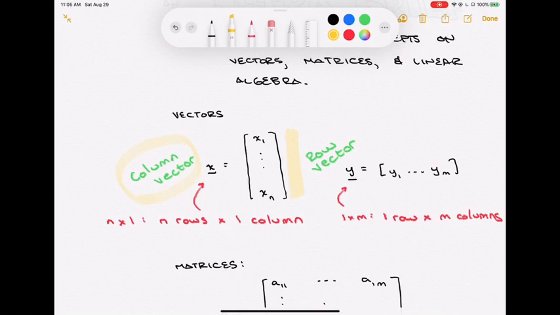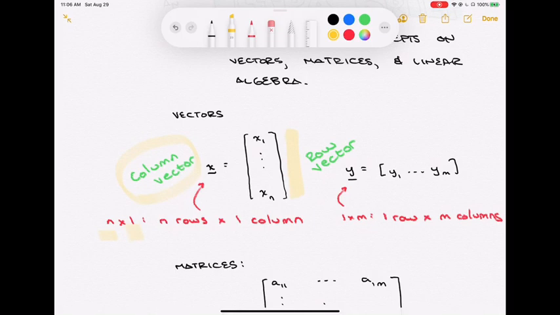We usually denote the dimensions or the size of that vector by indicating the number of rows and then the number of columns. So with a column vector, it's going to have some number for the total number of elements by 1 because it's a single column structure. So this would be an n by 1 vector x. That makes a column vector. We could also do a row vector.